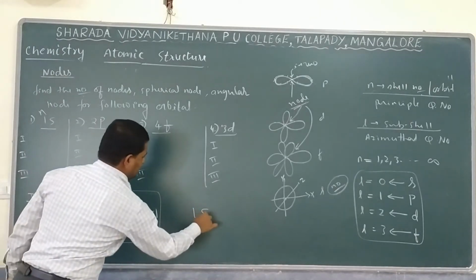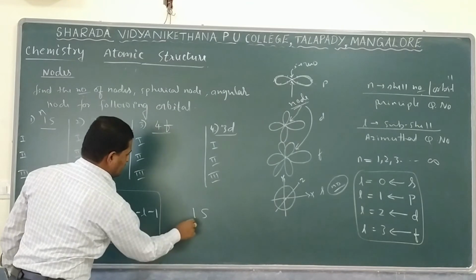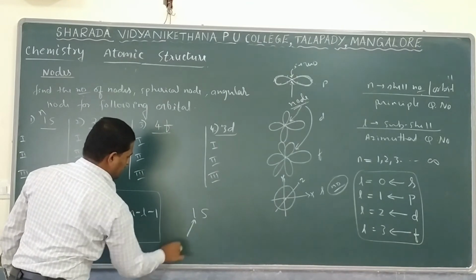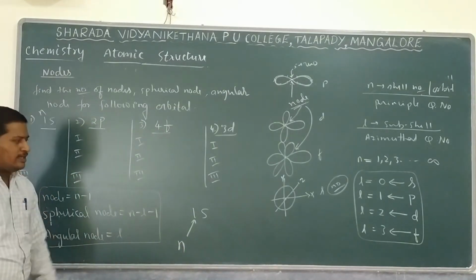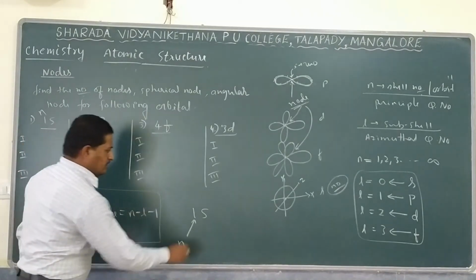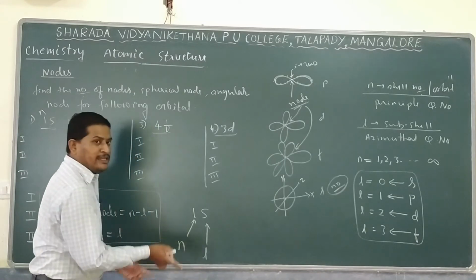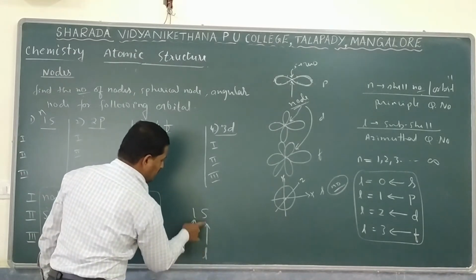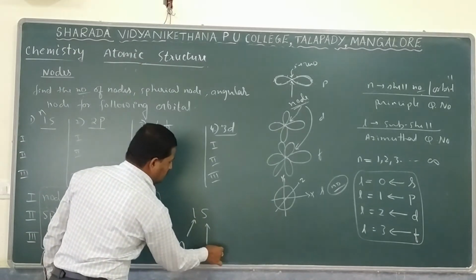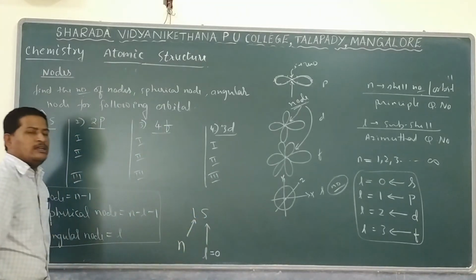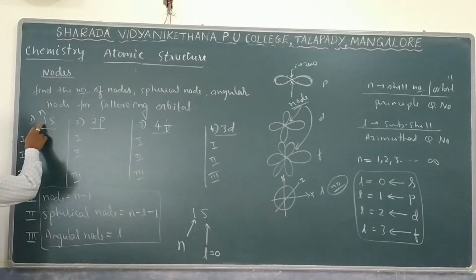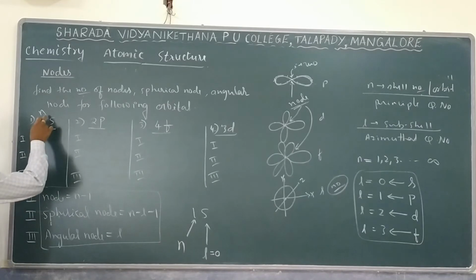If 1s or any orbital is mentioned, that number displayed is nothing but n. So directly that number tells about the n value, and this s represents the l value. But l we have to find indirectly. If l equals 0, then it is an s orbital. So in the 1s orbital, n is 1, l equals 0.